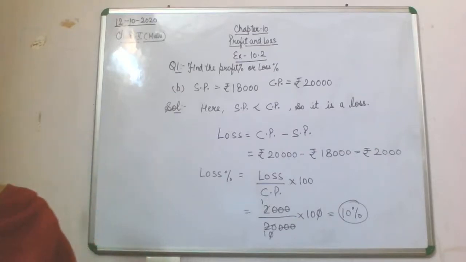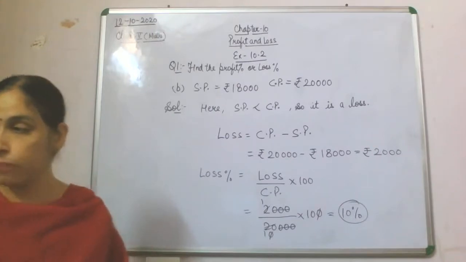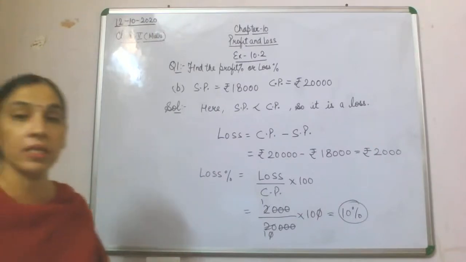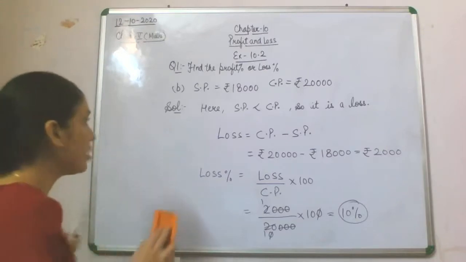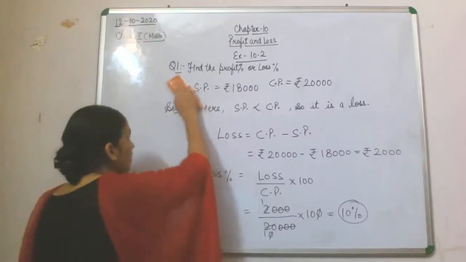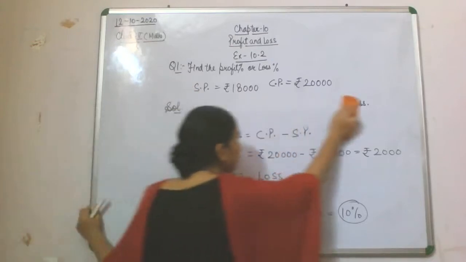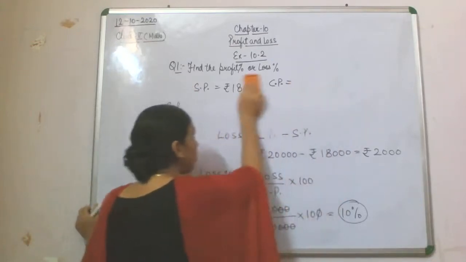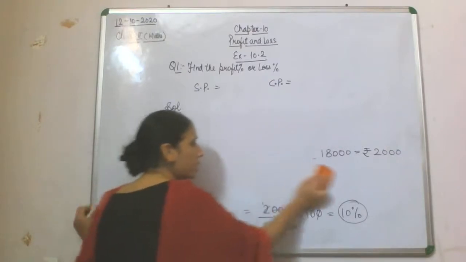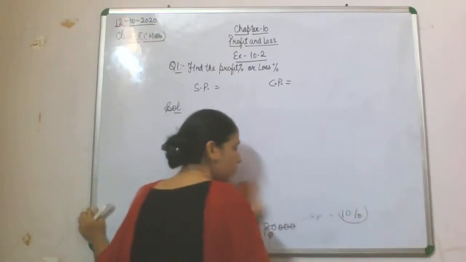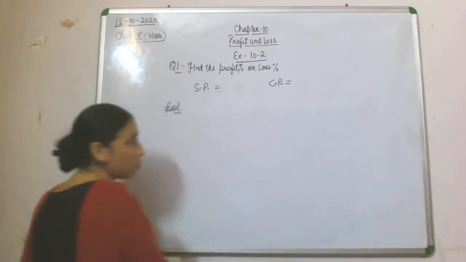So children, in this question we have seen how to find loss percent. First A part we have done, that is related to profit percent, and B part that is related to loss percent. So let's see next part of the same question and what we are getting in that case. That also we will see, and after that we will find the solution.